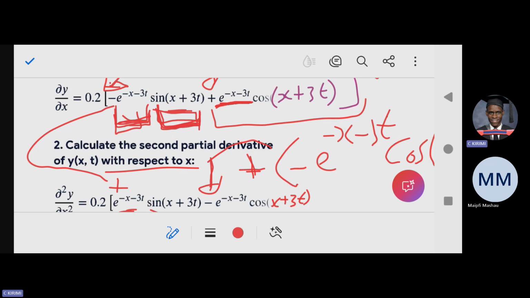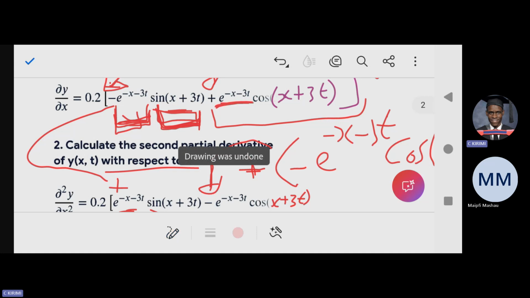We are still differentiating with respect to x. Only the exponent. What do you get? You get negative e to the power negative x minus 3t. Exactly. That's what we are saying.